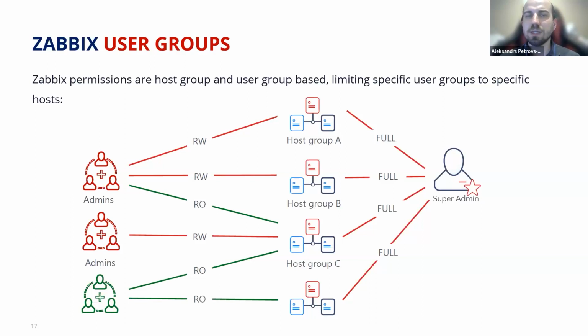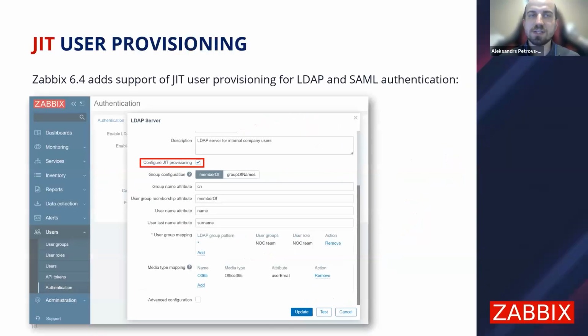But this all sounds like you will need to do quite some manual changing. And actually, now in 6.4, you don't have to. Now Zabbix adds the JIT, or just-in-time user provisioning, for LDAP and SAML authentication. So essentially, you can configure your own, again, LDAP and SAML servers and use the attributes available in those to create the users and manage the user permissions in Zabbix as soon as they try to log in.